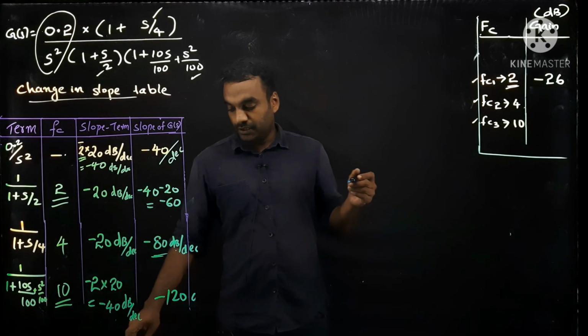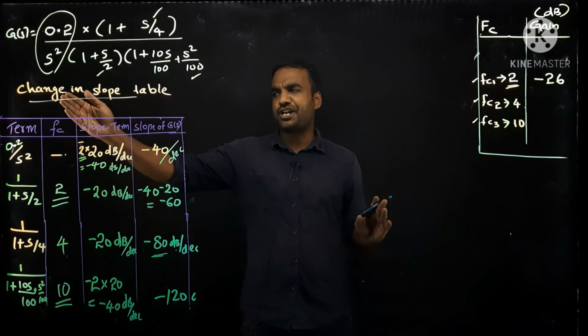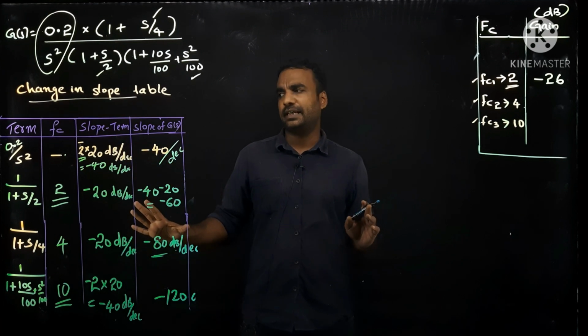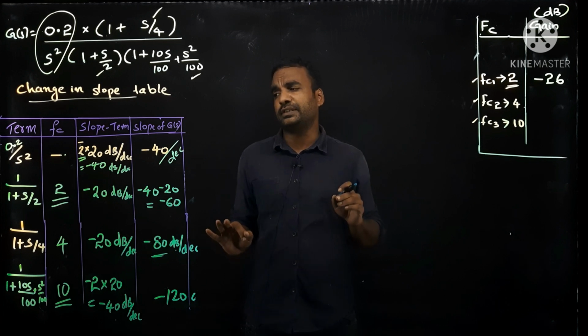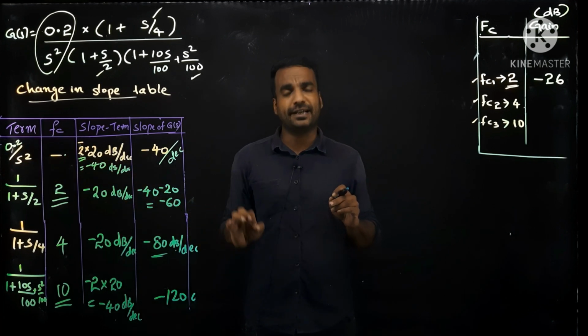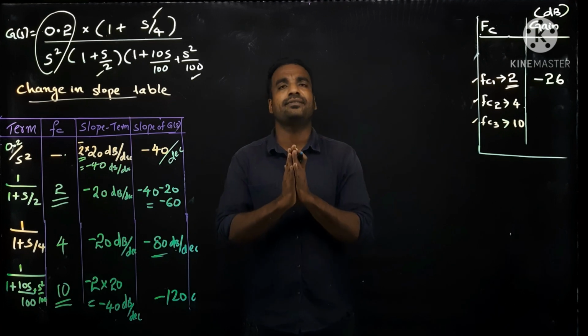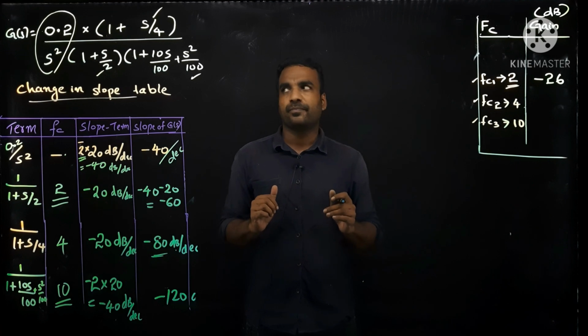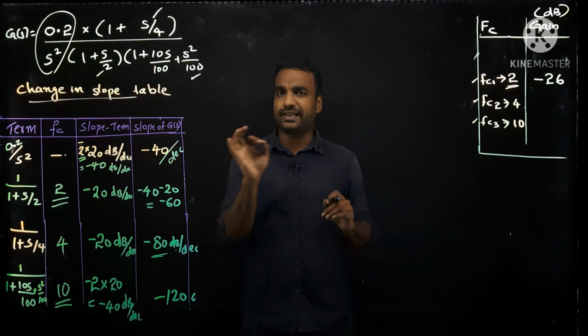Okay, so what are the things we have done up to this moment? We already arranged all the terms in the ascending order of their corner frequency. The first term, that is the initial term, 0.2 by s square. How did we get the initial term? By mixing the constant and integral term. Suppose s square is in the numerator, what will be the initial term?